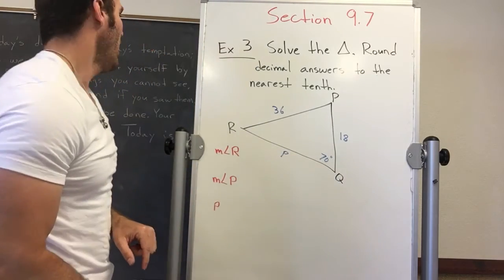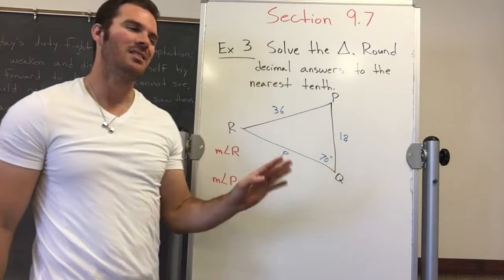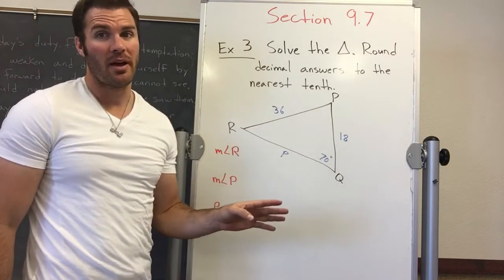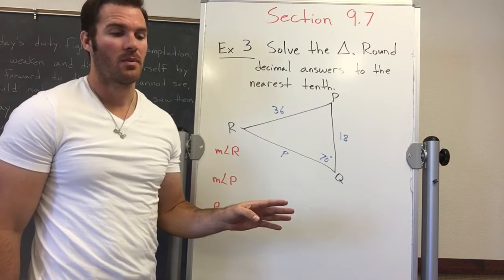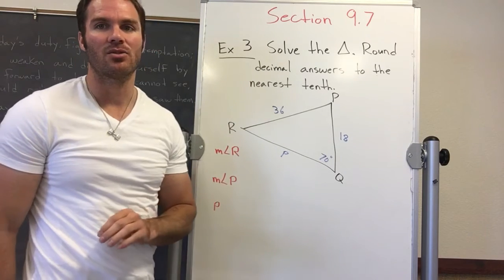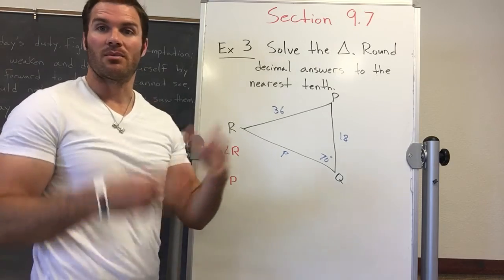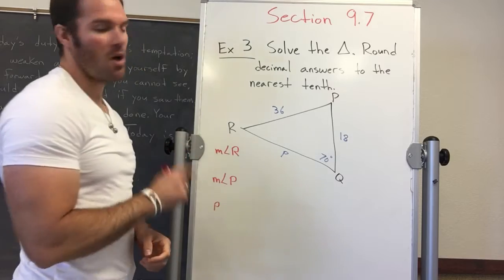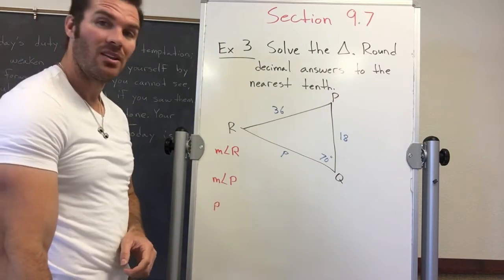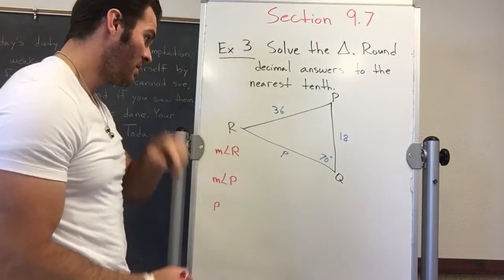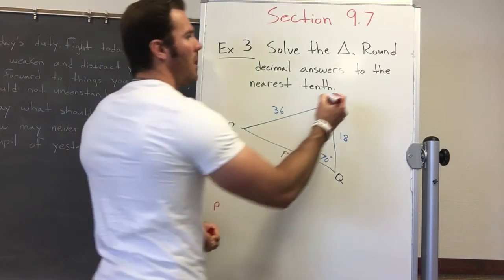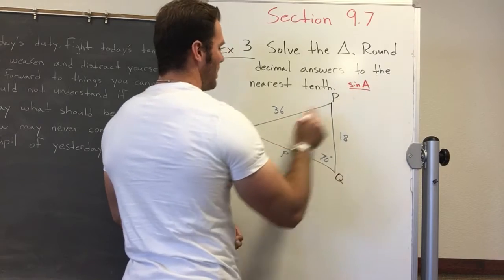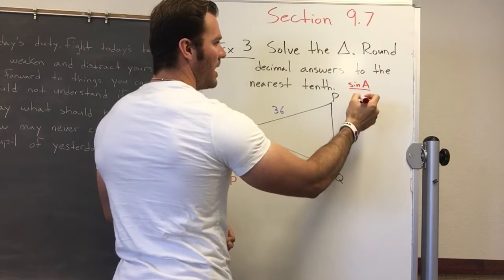Now, remember, this is not a right triangle, so we cannot use the Pythagorean theorem. There are certain things you cannot do when it's just some random triangle. But we're going to use law of sines, because we can use law of sines on any of these triangles. Really quick, law of sines was the sine of angle A over little a.